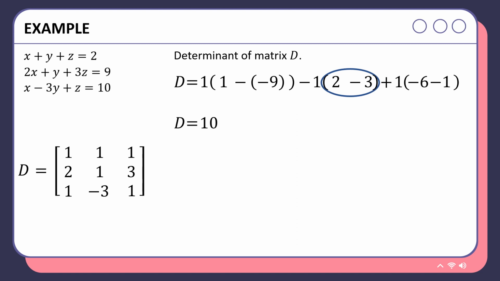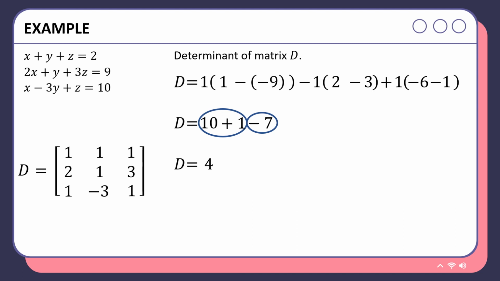2 minus 3 is equal to -1. -1 times -1 is equal to +1. -6 minus 1 is equal to -7. -7 times +1 is equal to -7. 10 plus 1 is equal to 11. 11 minus 7 is equal to +4.